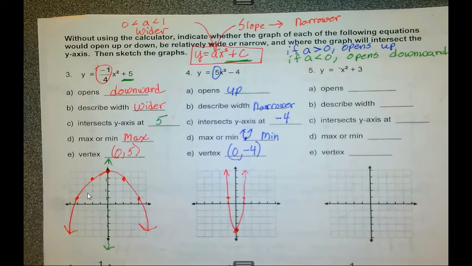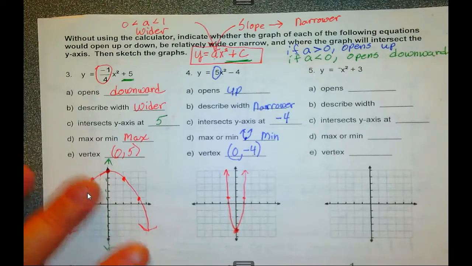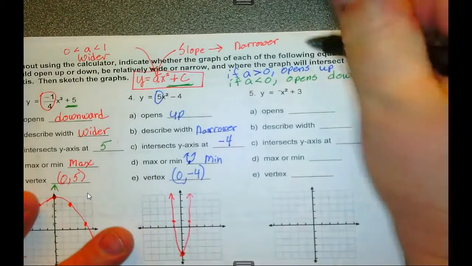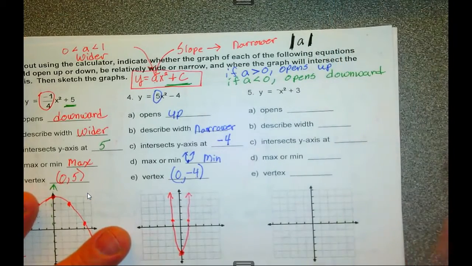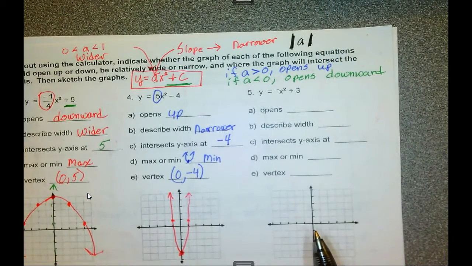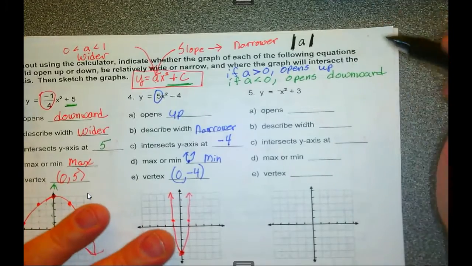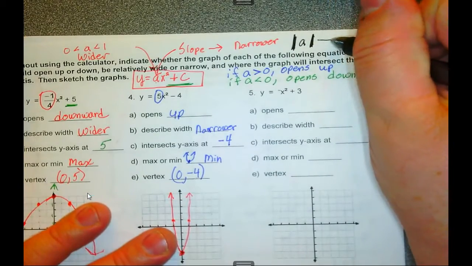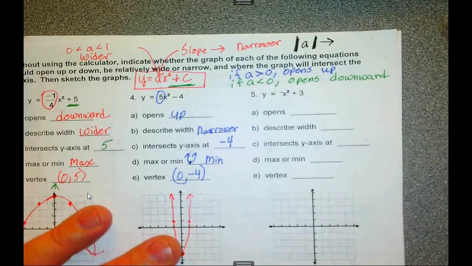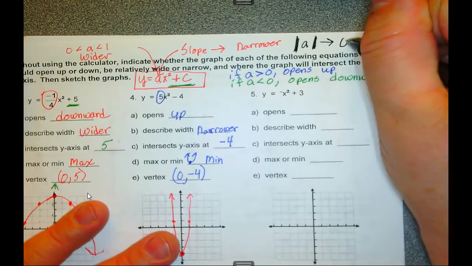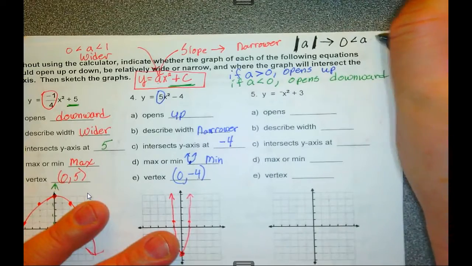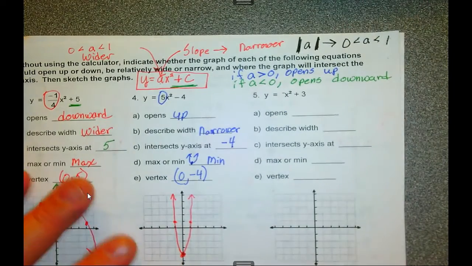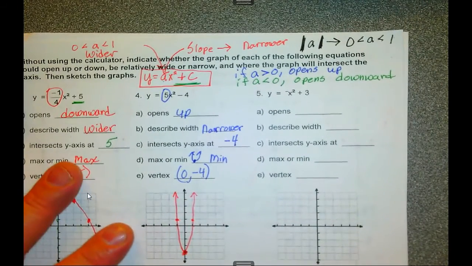Let's talk about the absolute value of a. That's my absolute value symbols. If the absolute value of a is a fraction between 0 and 1, and the way we write that mathematically is a is between 0 and 1, that means it has to be a fraction between 0 and 1.